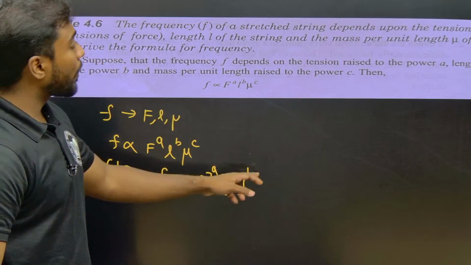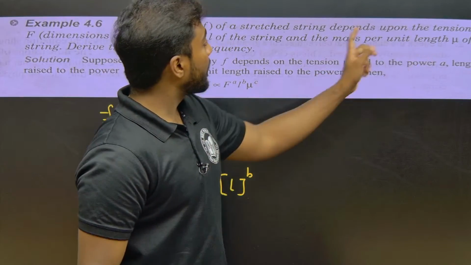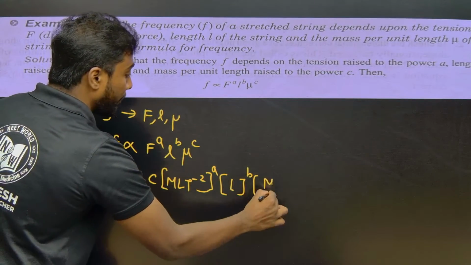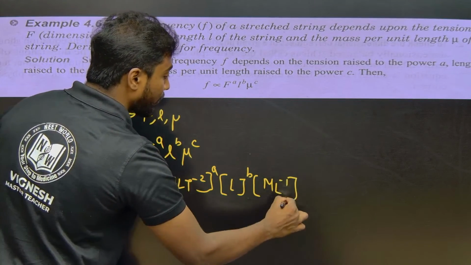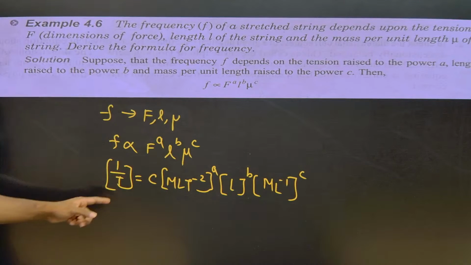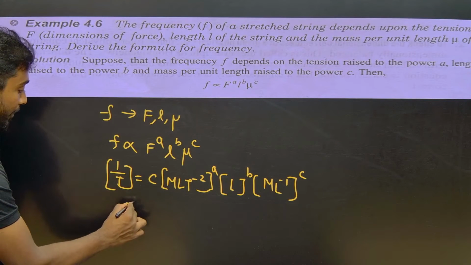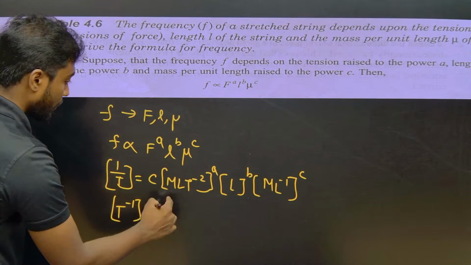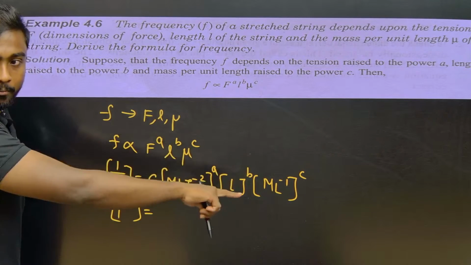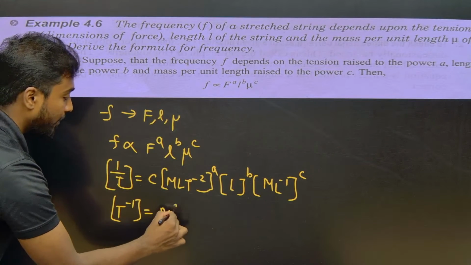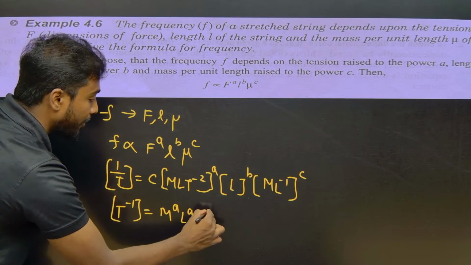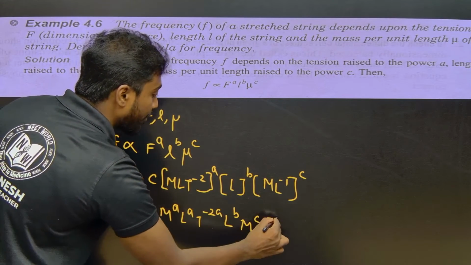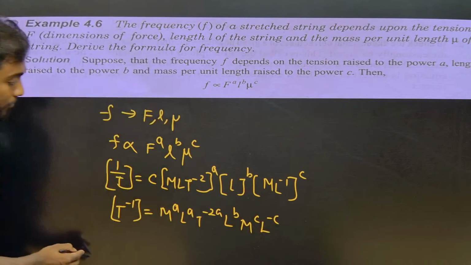What is mu? They said mass per unit length, so mu is M L^-1, to the power c. And this one, 1/T, can be written as T^-1, which should be equal to everything. So M^a, L^a, T^-2a, L^b, M^c, L^-c.